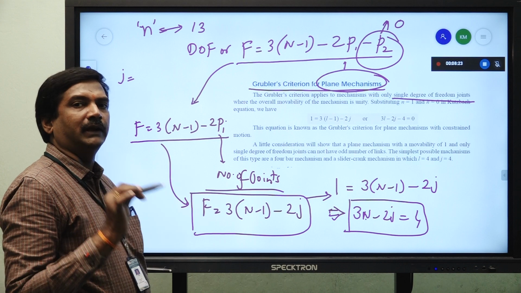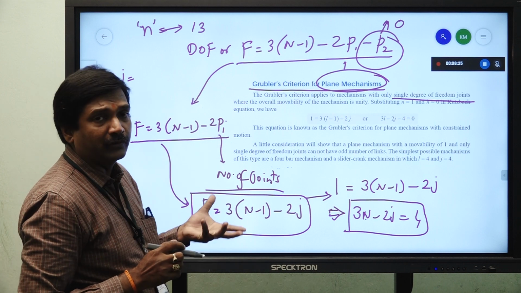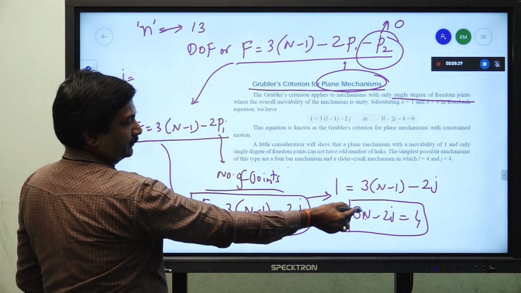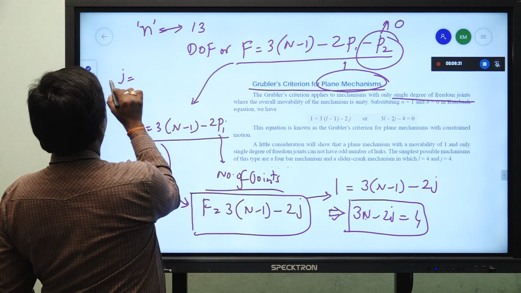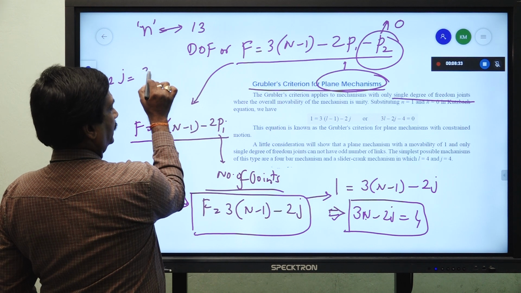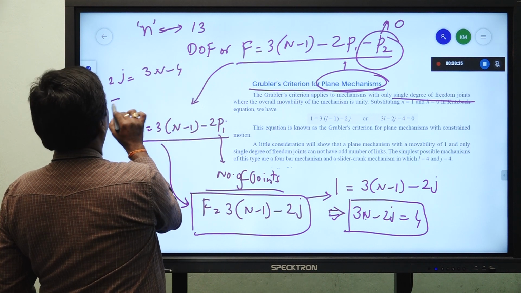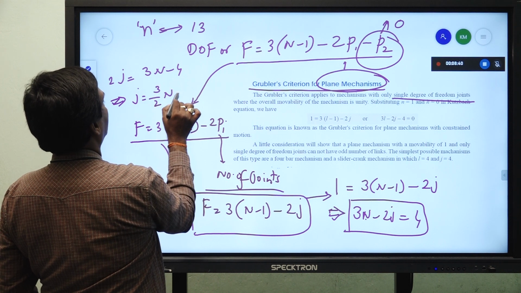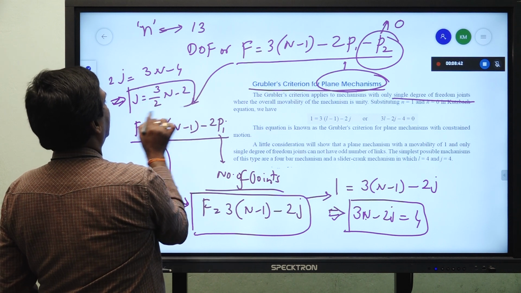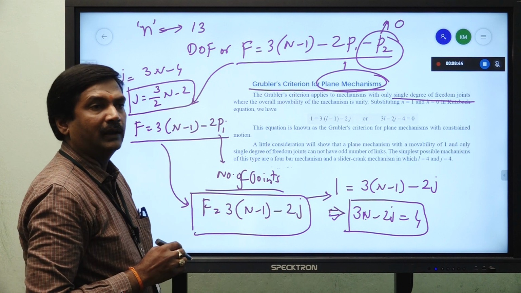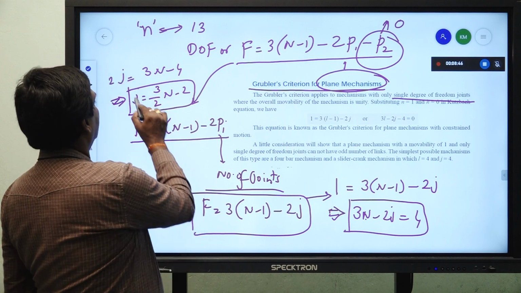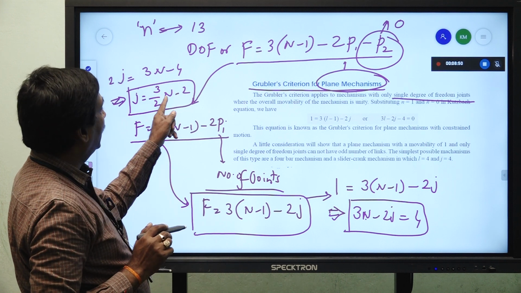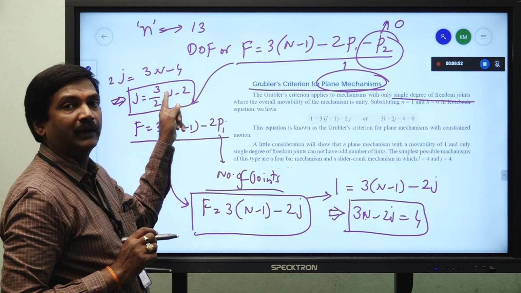If n is given as 13, how many degrees of freedom kinematic chain can I form? So 2j = 3n - 4, that implies j = 3/2 n - 2. This equation we discussed earlier: j must be equal to 3/2 n - 2. That means n has to be an even number.